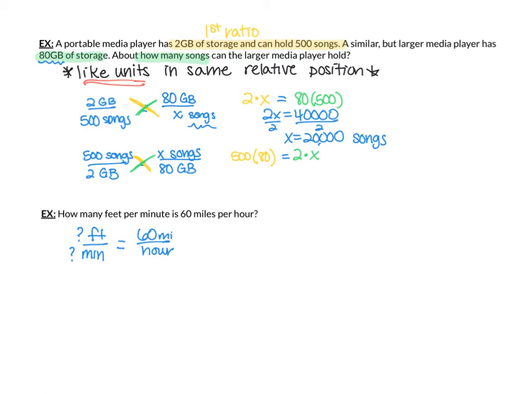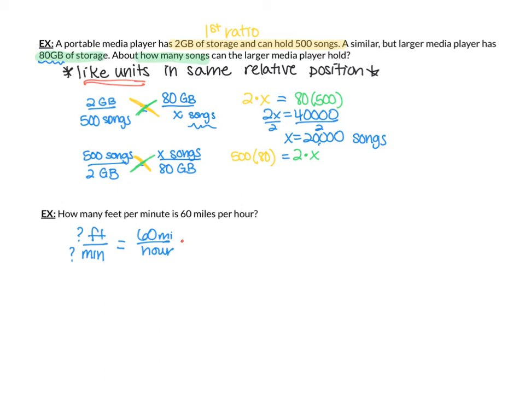Okay, so we're trying to figure out two things. Now, these are two different things, so we're actually going to set this up a little bit different than a traditional proportion where it's an equal sign. What we're going to end up doing is using like units to change these miles per hour to become feet per minute. So the first conversion that we want to do, let's change hours to minutes.